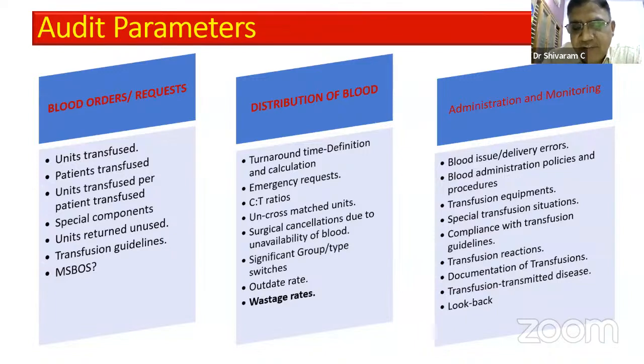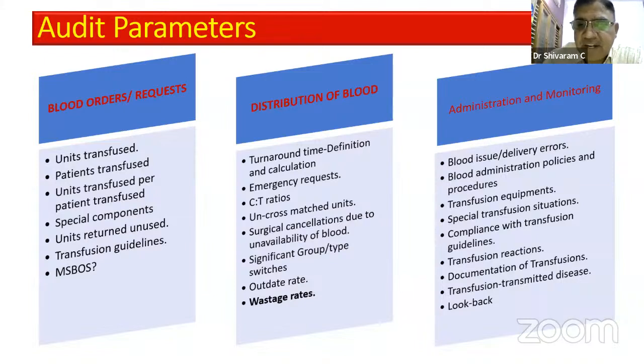Probably how we do a horizontal audit area wise to see every area is functioning, and a vertical audit where we follow a unit of blood from the collection till the very end, till it is issued to the patient or till it is discarded. This is a vertical audit of one unit periodically. It is a very good way to know that your system, everything is working fine.